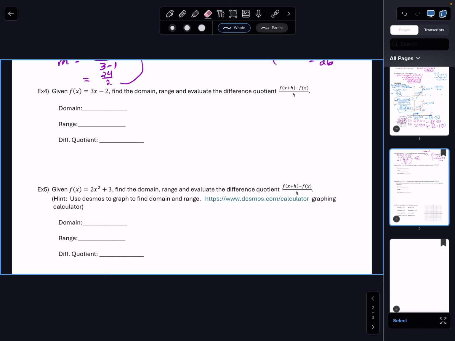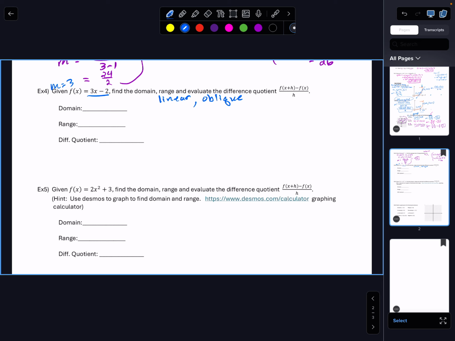Well, I didn't give you a graph. Well, for this first one, you should understand that this is a linear function, and it's oblique, meaning it has a slope that's not 0 or undefined. It's not vertical or horizontal. It's slanted. Oblique, it's a slanted line. The slope of this thing is 3.